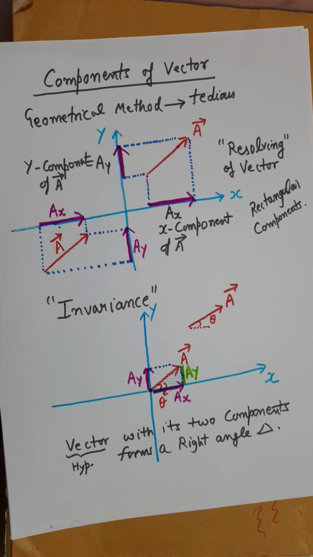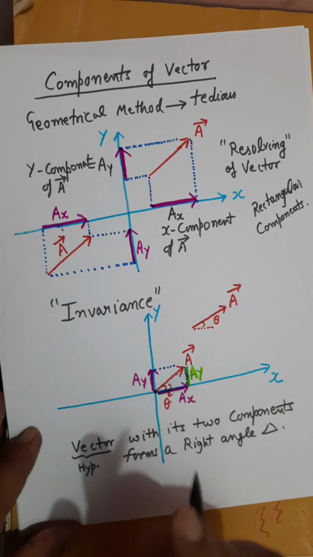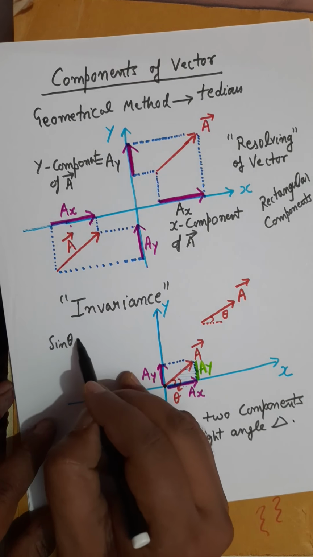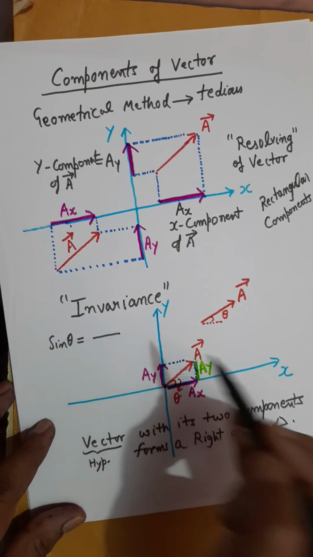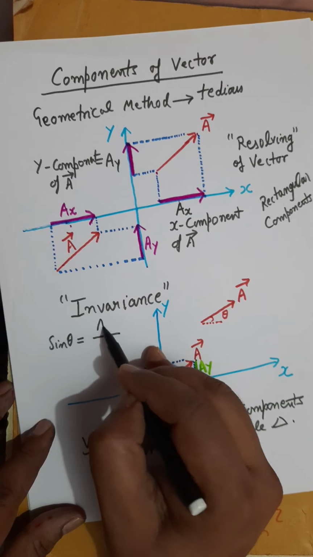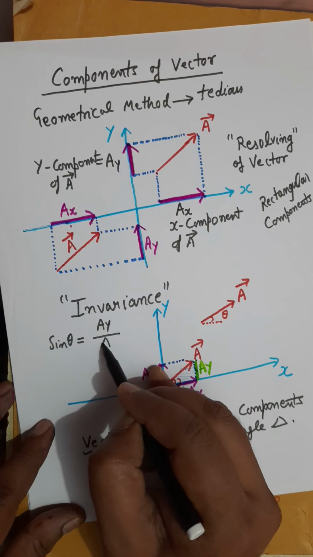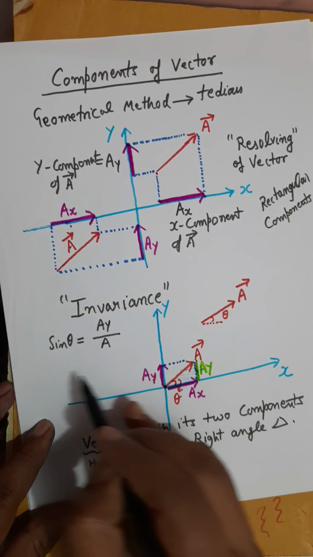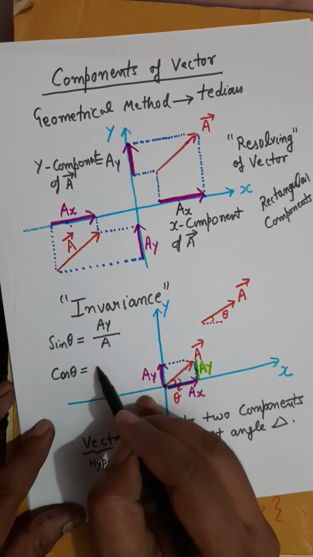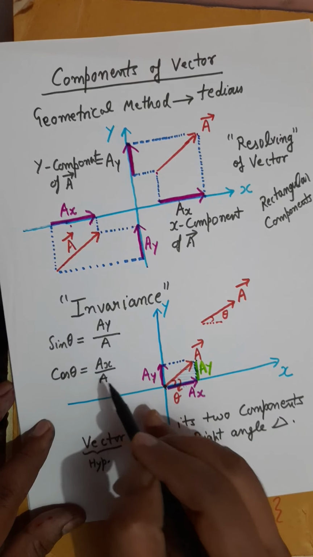If you apply sine theta and cosine theta, let me write. Sine of theta is the length of perpendicular divided by the length of hypotenuse. So the perpendicular for this triangle is AY, and your hypotenuse is the length of vector A. And now cosine theta is the length of base AX divided by A.